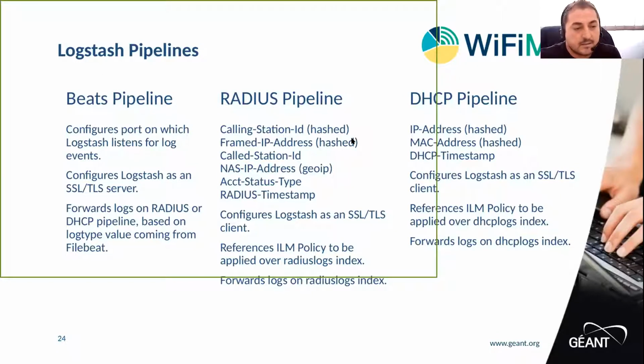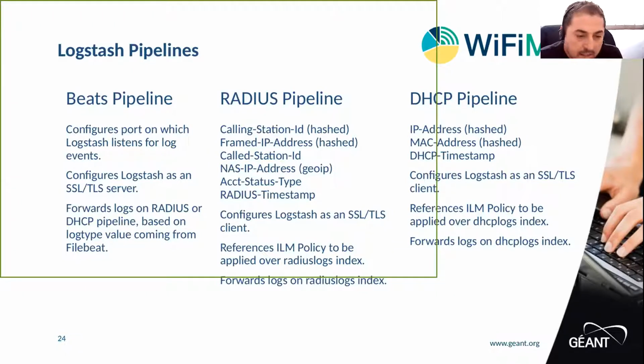This is the anonymization of those fields, and both fields make references in the ILM policy, because the data we extract from logs are not needed for a long time. We delete them after one day, when they are one day old.